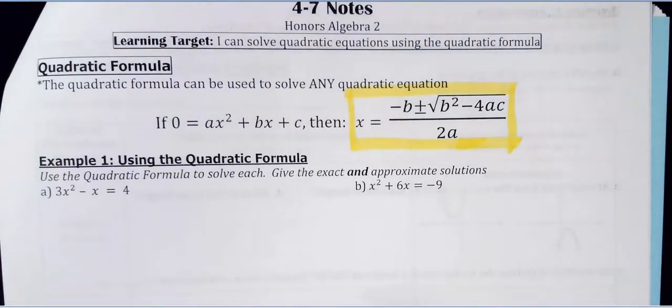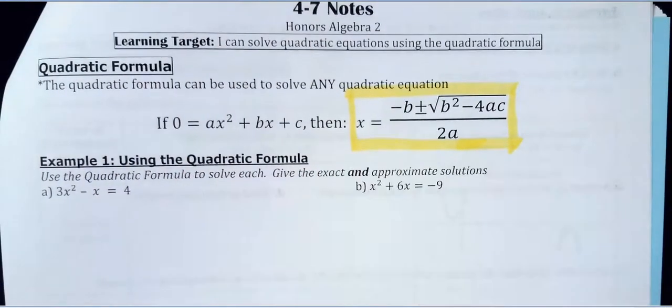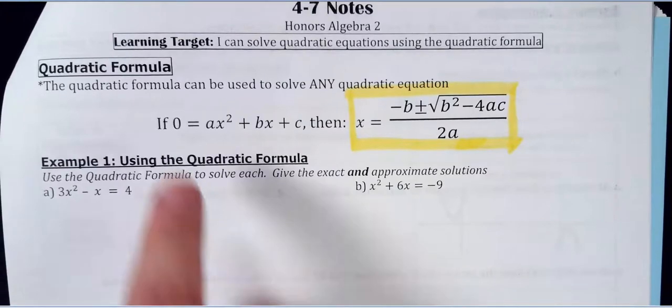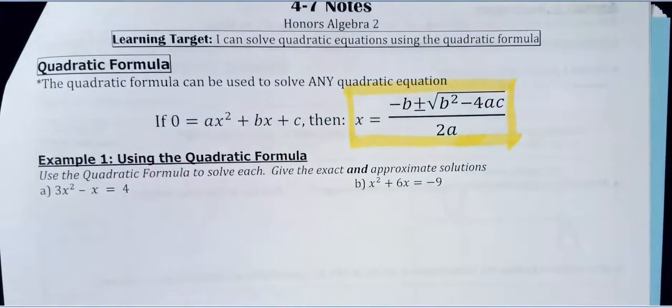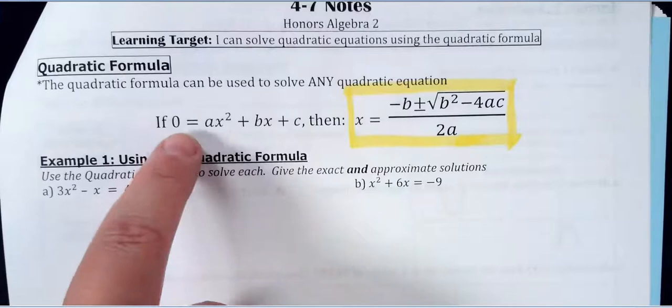We are going to go through the proof of this a little bit later in the week, but once you have your equation, the one key before you identify your A, B, and C values, you've got to make sure the equation is set equal to 0, okay? It has to be multiplied out, in standard form, and then set equal to 0.